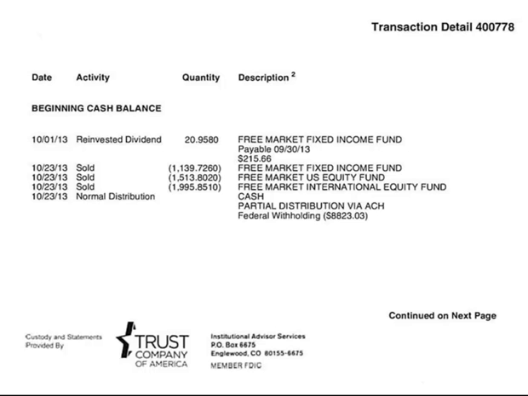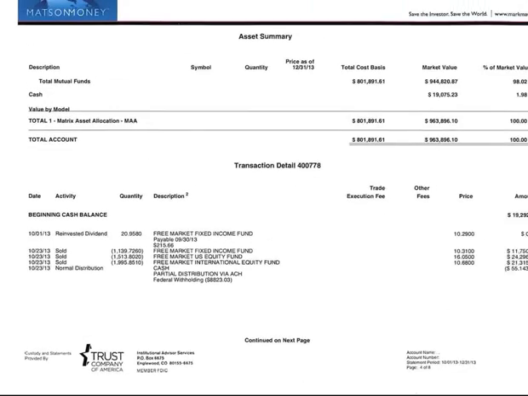And this one you'll see sold. And the reason we're doing the sold is this is the way that we rebalance. And so you can see that there was some sold this last quarter, and those are actually rebalancing techniques. And part of it also was to fund the distribution. So that's how we do that.